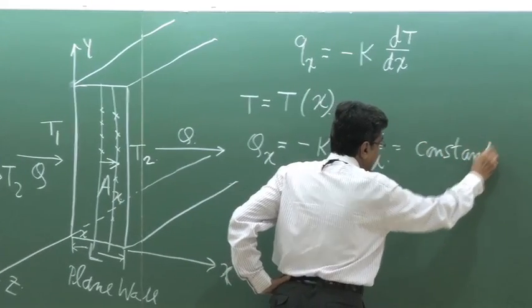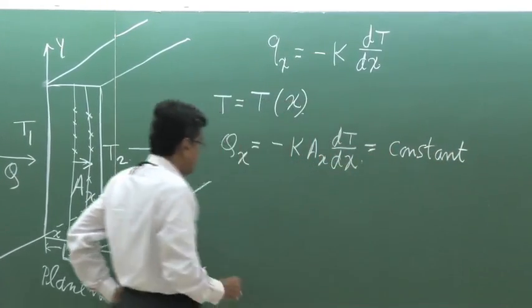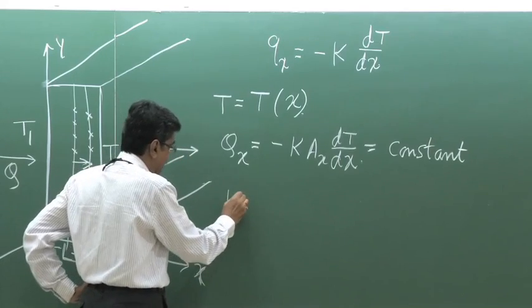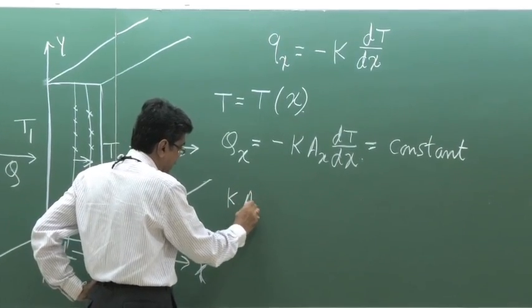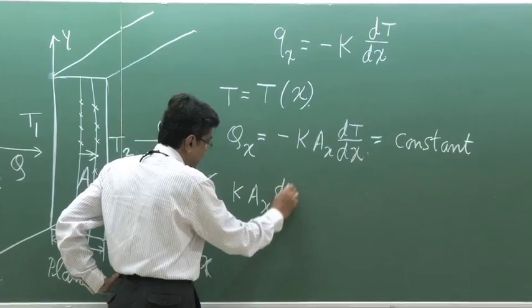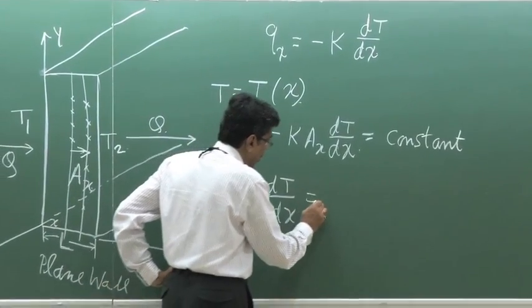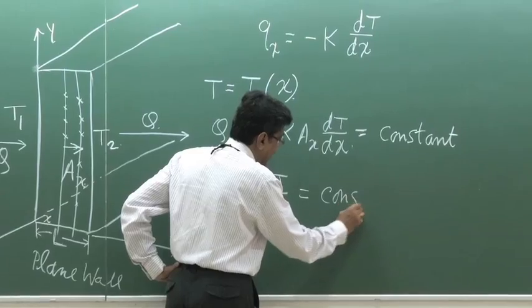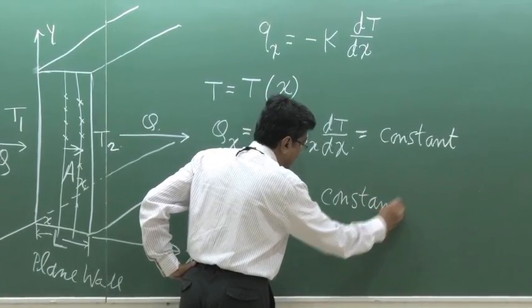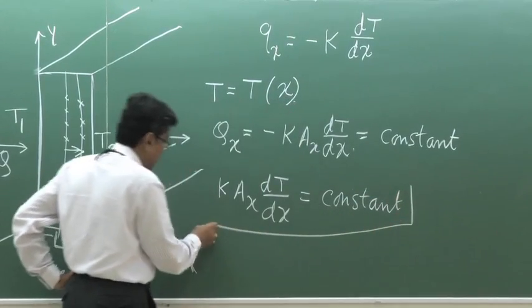This is equal to constant. That means simply k Ax dT/dx is constant, and that is the requirement of a steady state one-dimensional heat conduction.